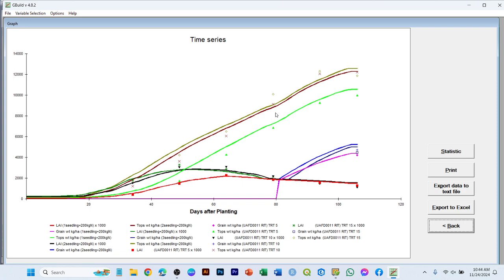At 80 days you are at par, and at almost 97 and up to 105 days you are exactly at par with the simulated value. So it's an excellent value. The observed and simulated values are the same at the end. But with respect to the time scale, it should be just like this.